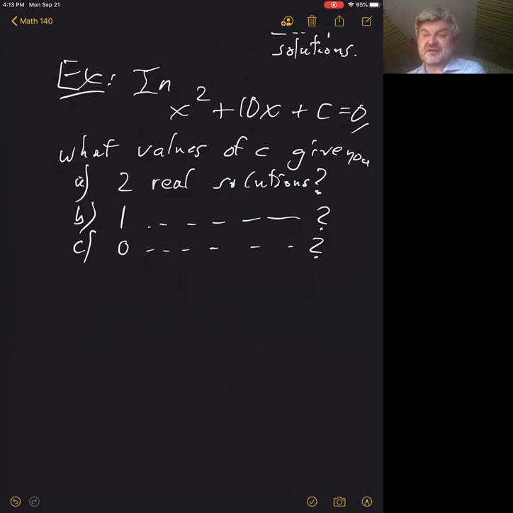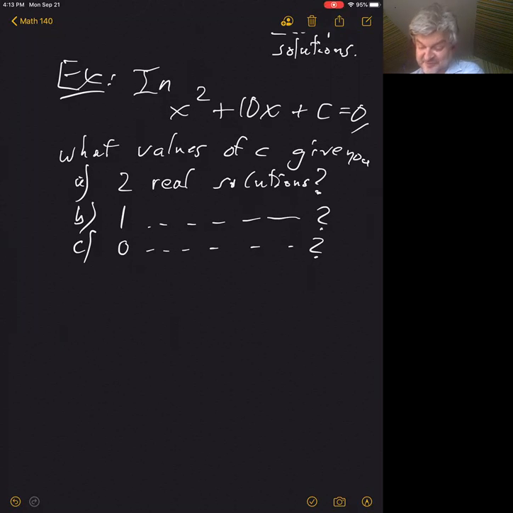This can happen if you are not solving an equation, but designing an equation, and you want this to have two solutions or one or zero solutions. You could be in that position of authority at some point. So how do we need to pick our c?